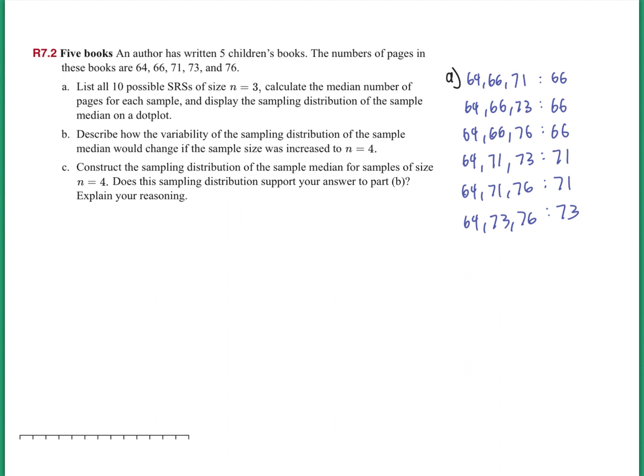So now we'll go on to the next one, 66. Okay, you can do 66, 71, and 73. 71 is the median. 66, 71, 76, still 71, and then we could do 66, 73, 76.